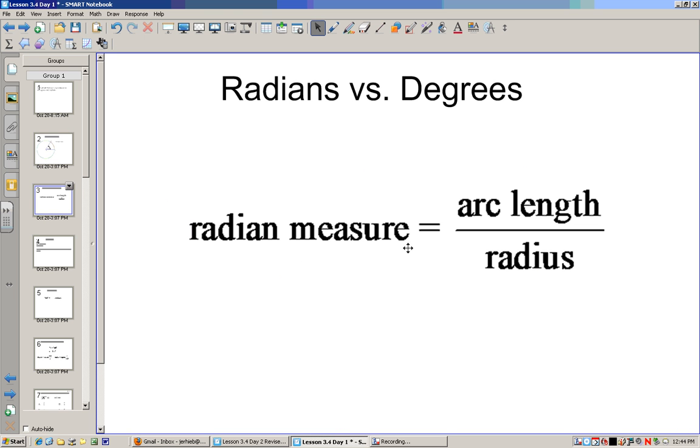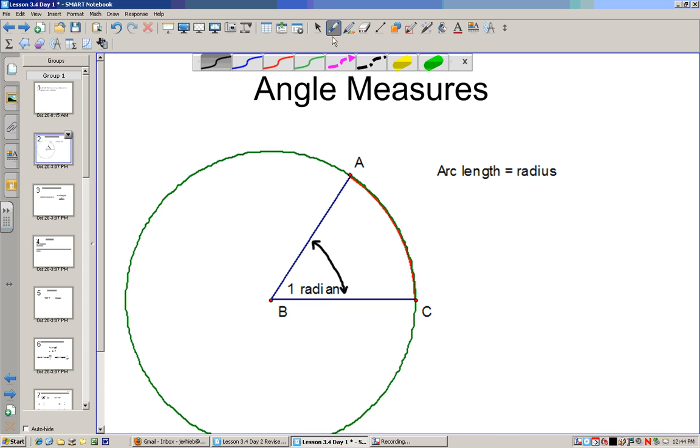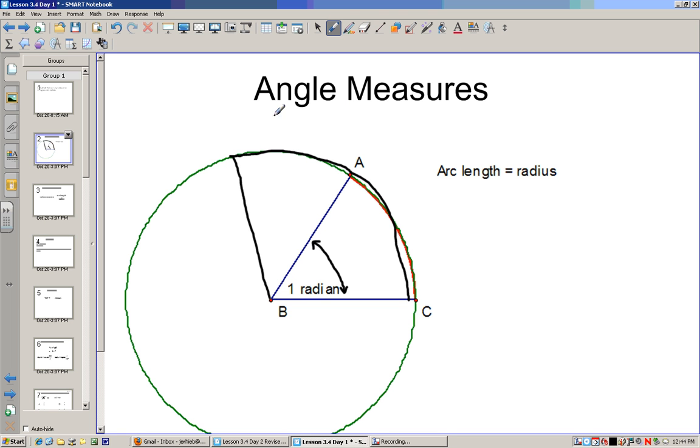So for radian measure, if we want to figure out how many radians, we take the arc length and divide it by the radius. So if we went back to this previous problem, if I had something out here, and I said this whole thing was 20, and this length is 15, this radian would be 20 divided by 15, or 1.3 repeating.